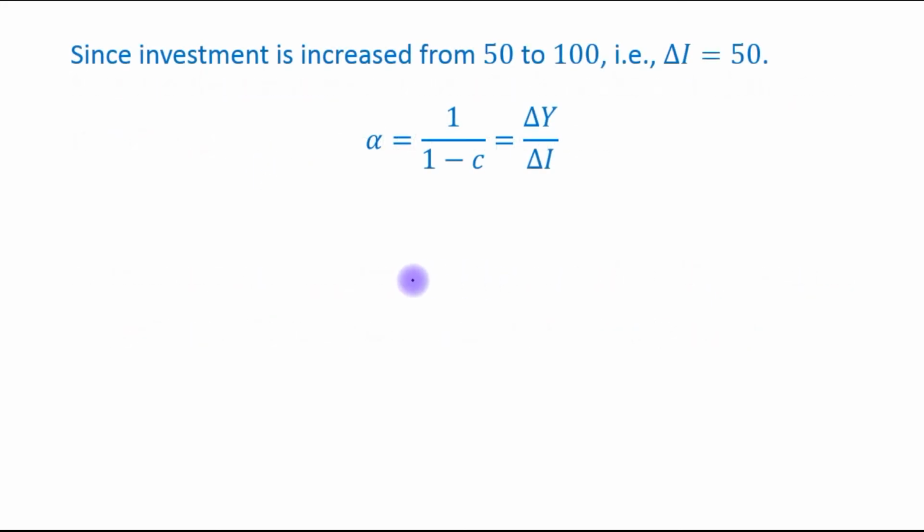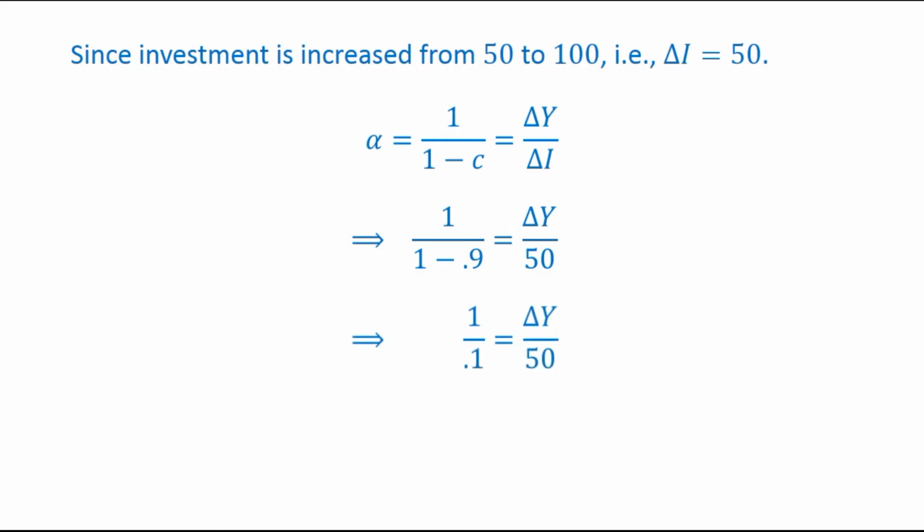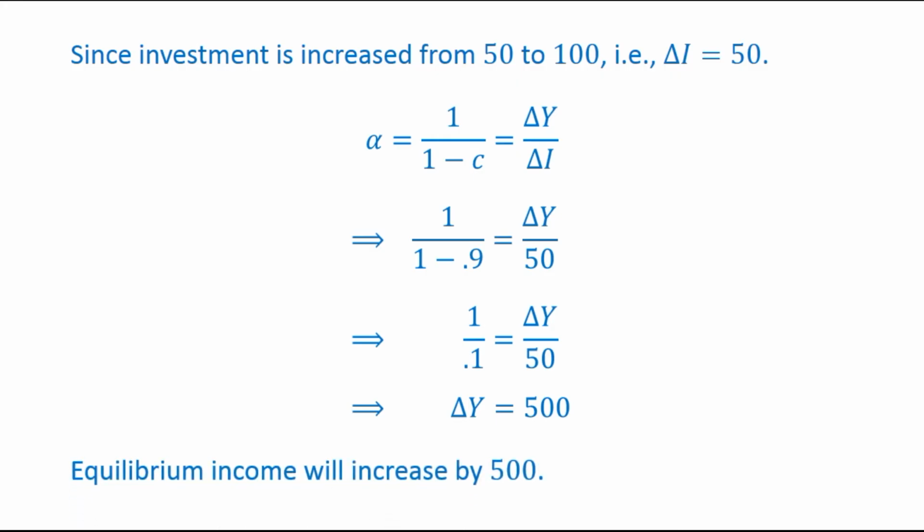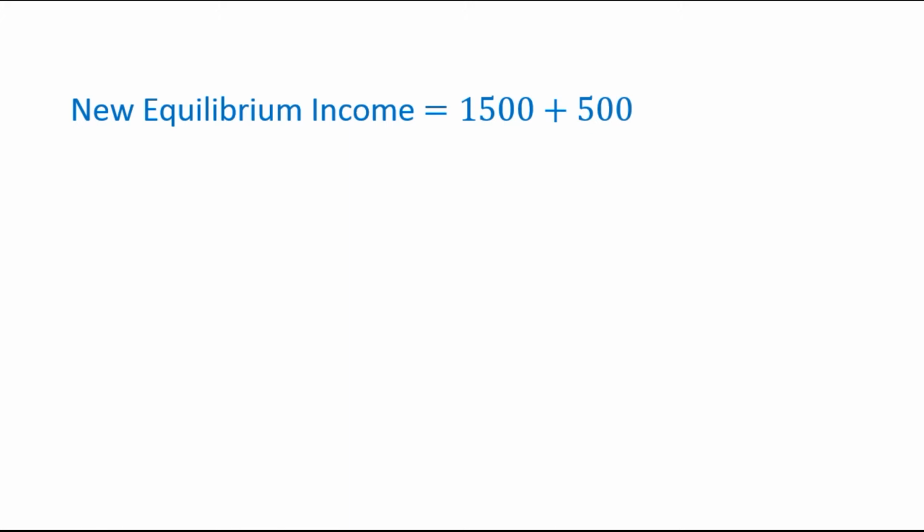So in the next step, we can write 1 upon 1 minus 0.9 equals change in y upon 50. Next step, 1 upon 0.1 equals change in y upon 50, and finally change in y is 500. So we can write equilibrium income will increase by 500. New equilibrium income will be 1500 plus 500, which is 2000. Simple.